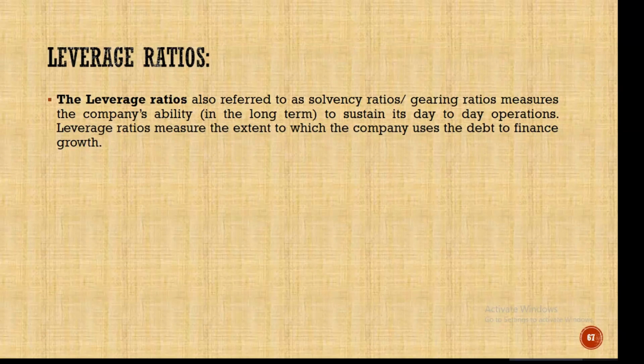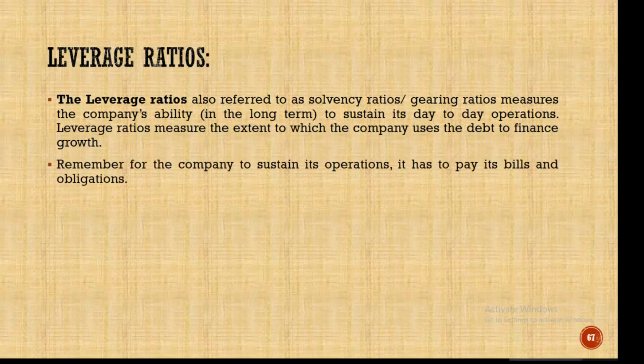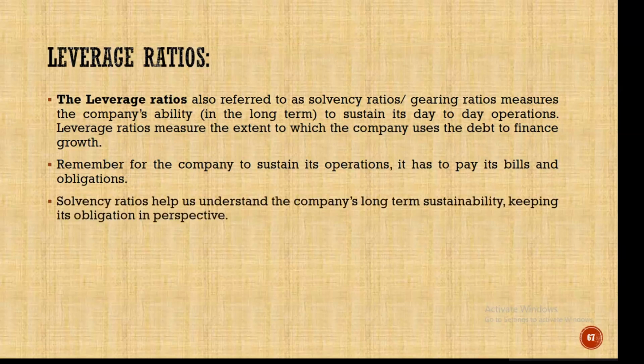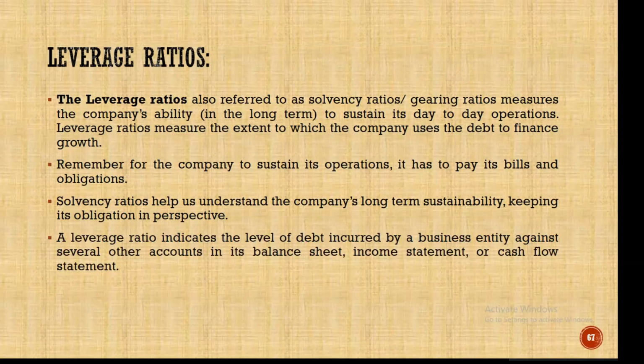Leverage ratios measure the extent to which the company uses debt to finance growth. Remember, for the company to sustain its operations, it has to pay its bills and obligations. Solvency ratios help us understand the company's long term sustainability, keeping its obligations in perspective.